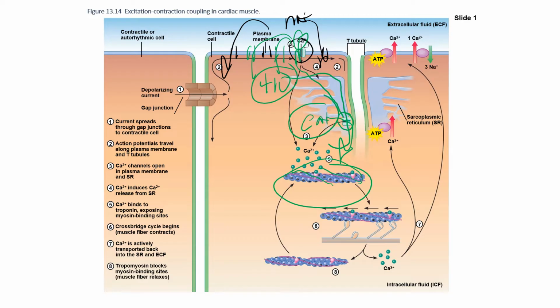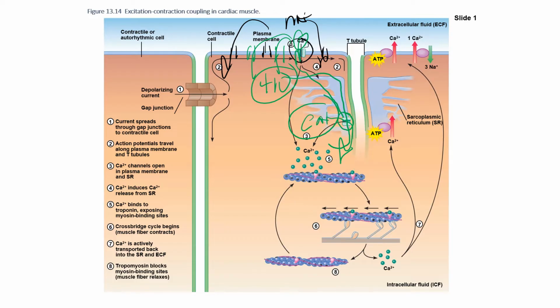Then there is tropomyosin that covers up all the myosin binding sites on the different G-actins, and there's also troponin, and as long as tropomyosin is covering up those myosin binding sites on all the different G-actins, then myosin and actin can't interact. So how do we resolve that problem?